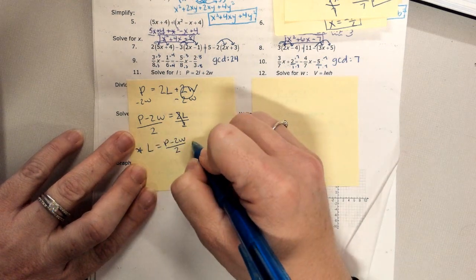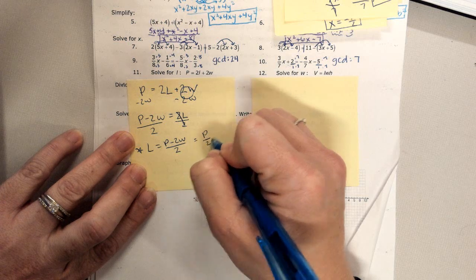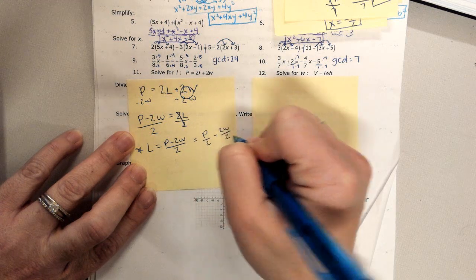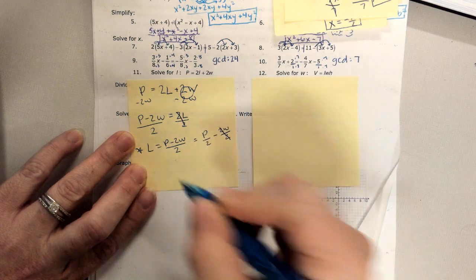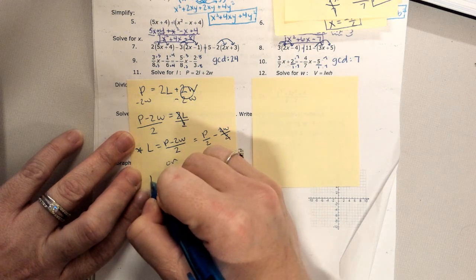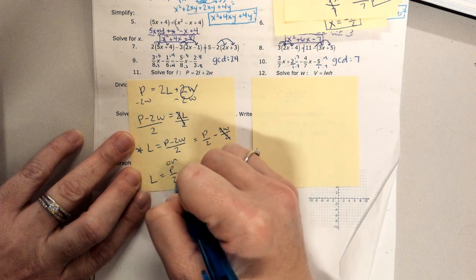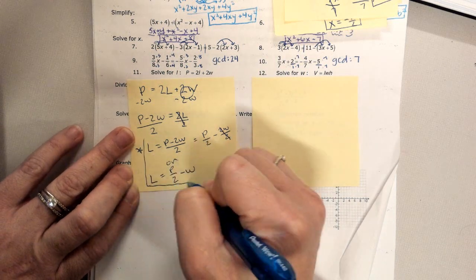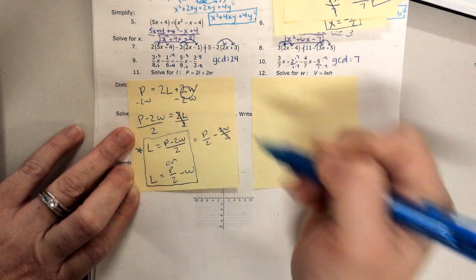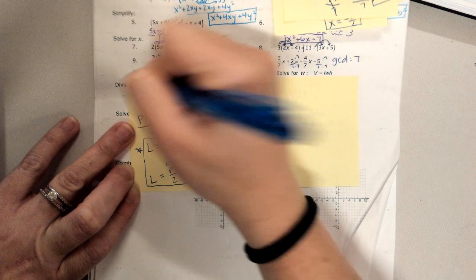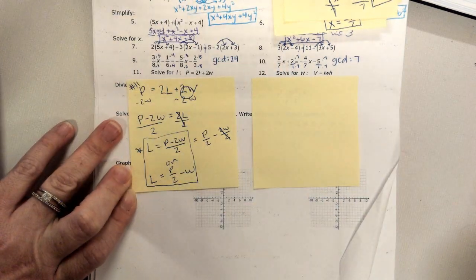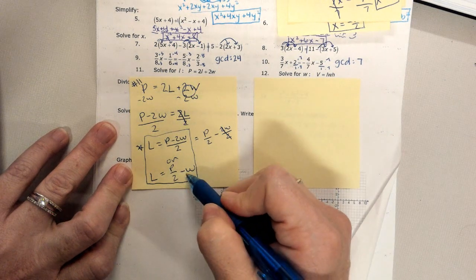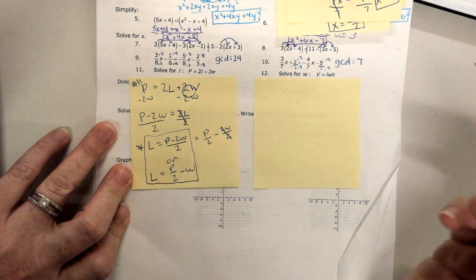But you can also rewrite this as P over 2 minus 2W over 2, and that cancels. So you could also see L equals P over 2 minus W. So I'm not sure which way you'll see it. I've seen it both ways, so I never know. If it's fully simplified, it's this, but sometimes they leave it like that. I don't know why.